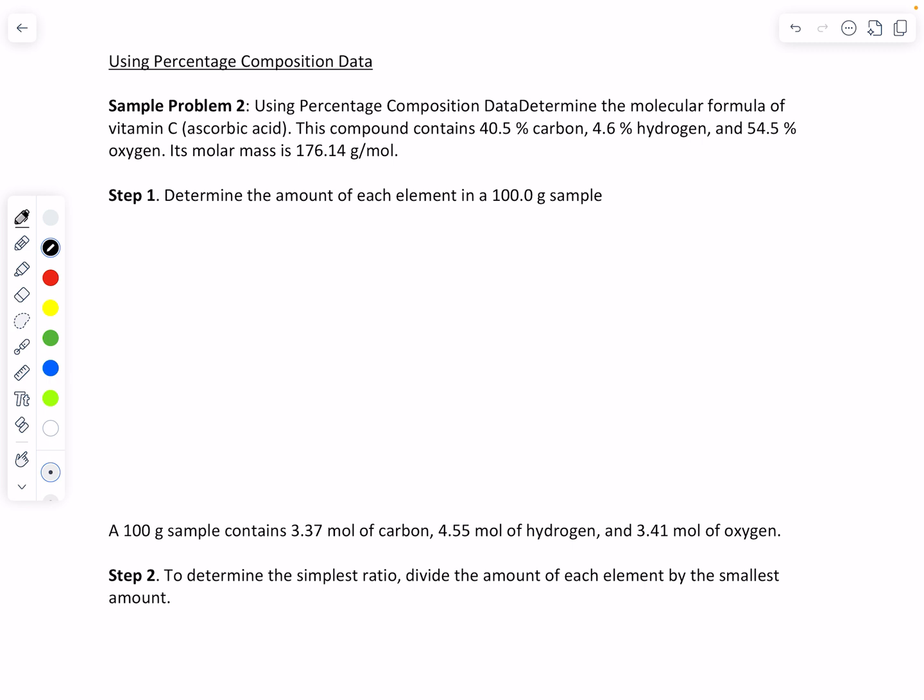In step 1, we're going to determine the amount of each element in a 100 gram sample. So we need to find the number of moles of carbon, which is equal to the mass of carbon divided by the molar mass of carbon.